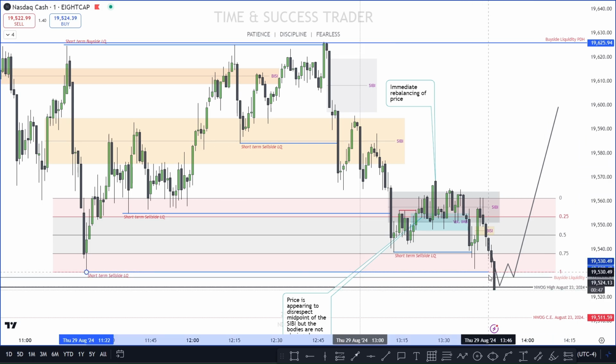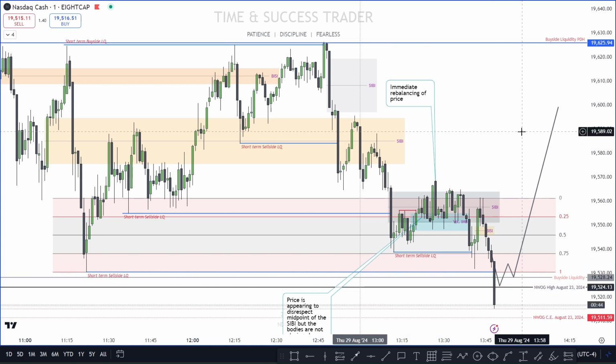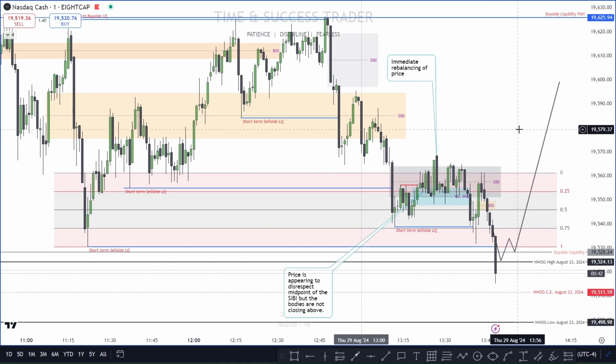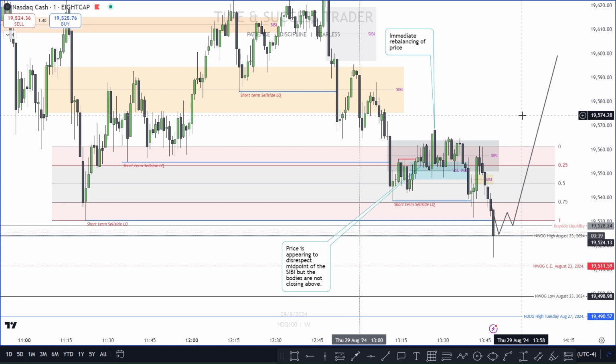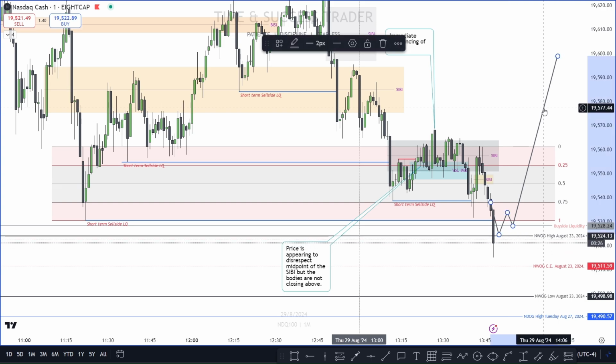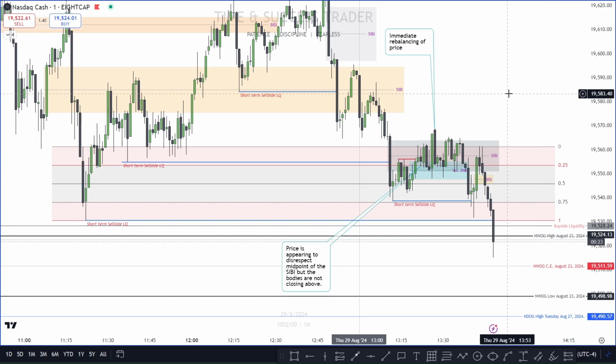This sell side is taken. Let's see what price does after this. Let's see where price closes.